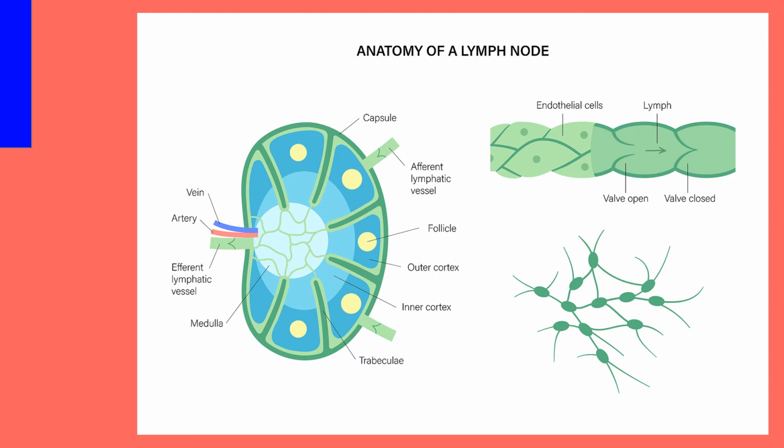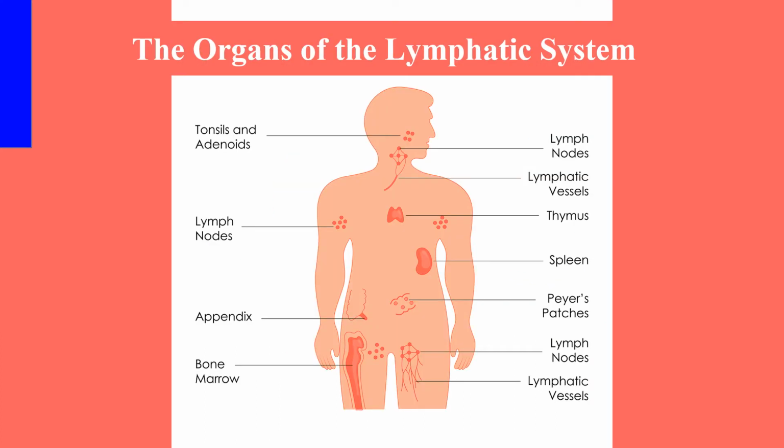More about these later. The lymphatic system also includes the spleen, thymus gland, tonsils, adenoids, Peyer's patches, and appendix, organs which are very important to immune response.